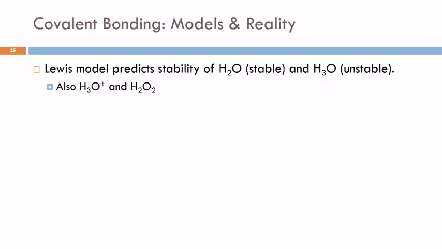We've already done the Lewis structure for water, so I'm just going to copy it in here. That's the Lewis model for water. The hydrogen has 2 electrons, this other hydrogen has 2 electrons, the oxygen has 8 electrons. Everyone's happy and stable. So we predict water is a stable molecule. And sure enough, it is.